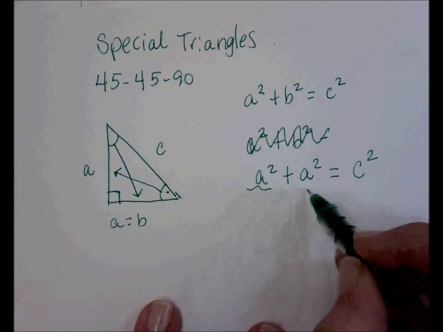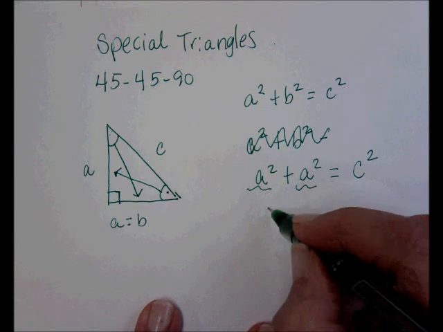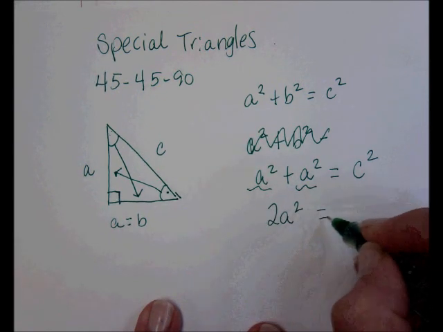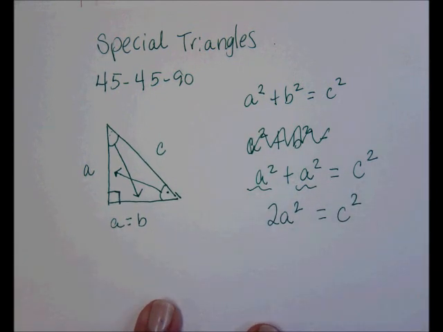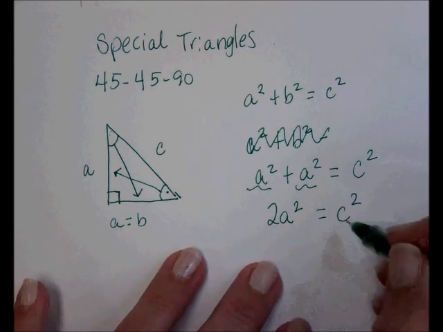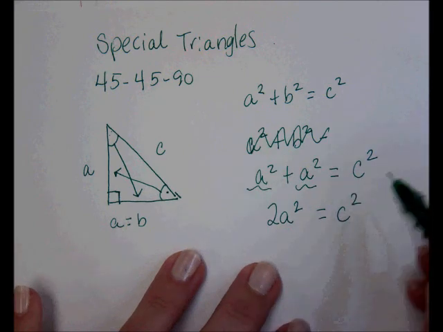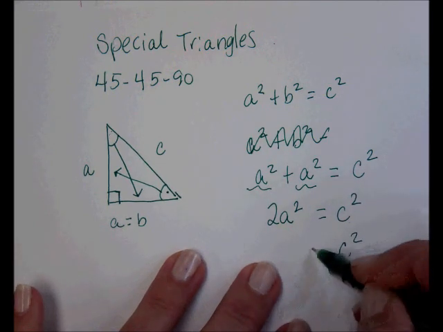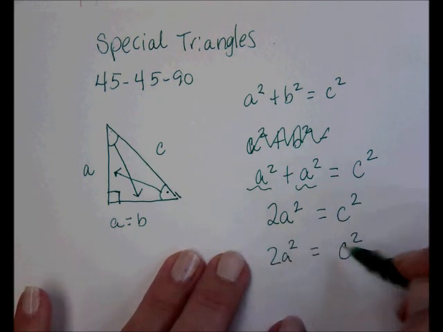So if I combine my like terms, I have 2a squared is equal to c squared, and I want to solve for c in terms of a. To do this, I have c squared, and I want it to equal just plain c.